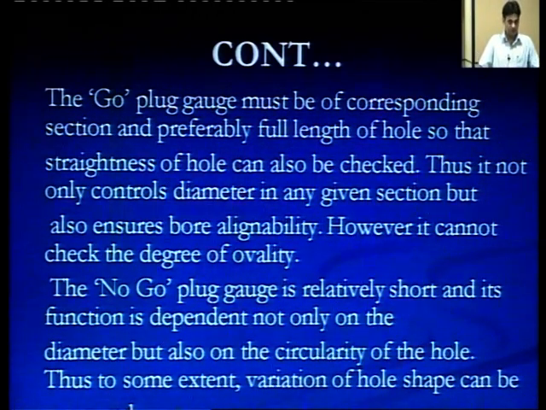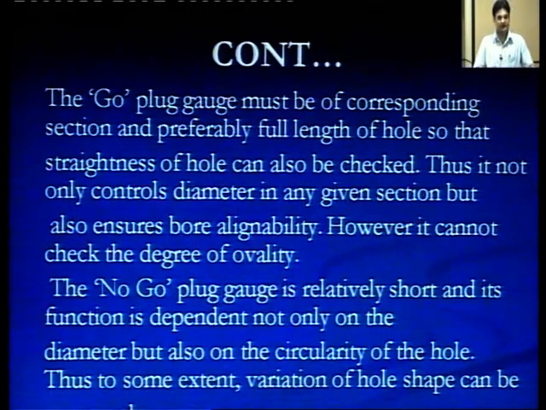Another point of importance is that the go plug gauge must be of corresponding section and preferably full length to check the straightness of the hole. Whether the hole is straight or not can only be checked if the go plug gauge is of full size, full length. Thus, it not only controls the diameter, it can also check the alignment of the hole.